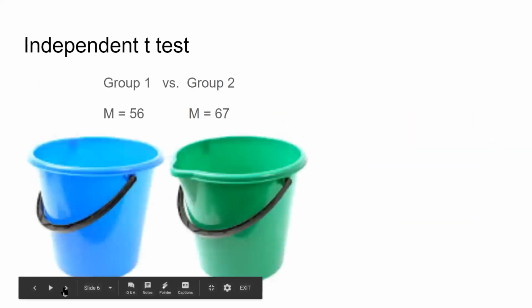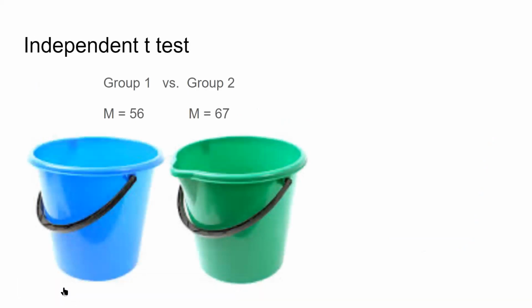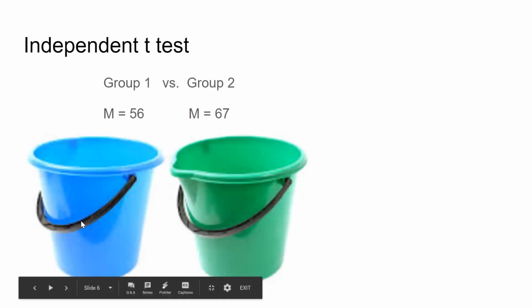An independent t-test is when you are comparing the means between two different groups. You're comparing the means between two unrelated groups. The kids in this bucket are completely different from the kids in this bucket, okay? So when looking at participants in schools, we may be comparing the kids who got their reading intervention and the kids who did not.